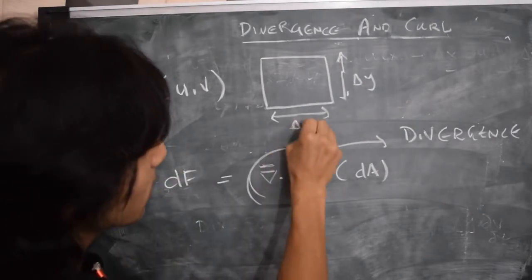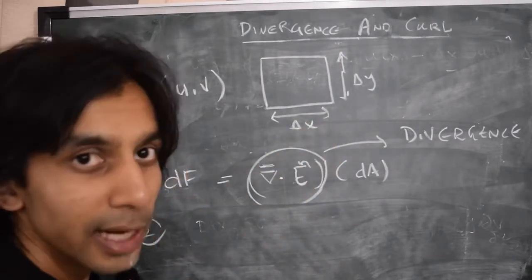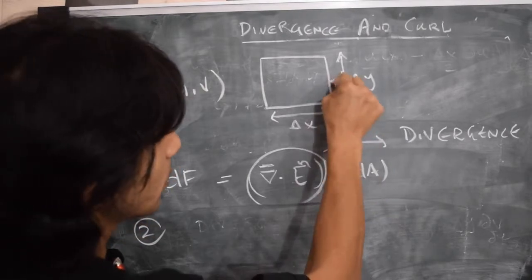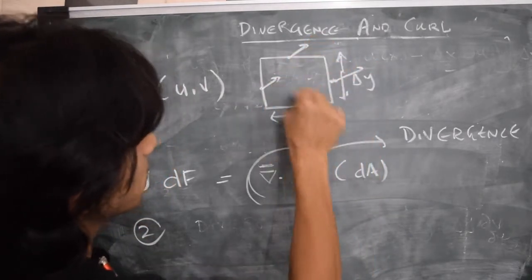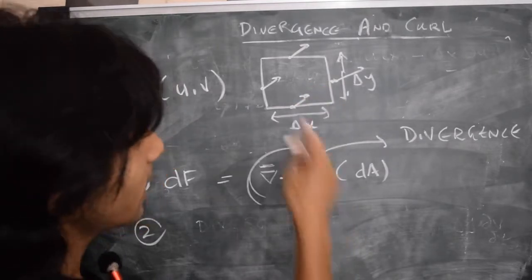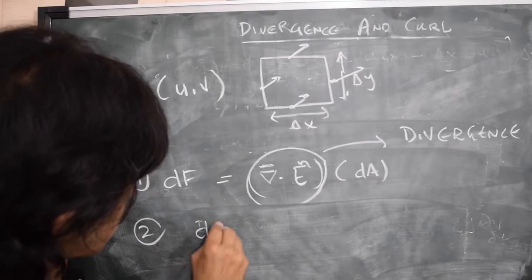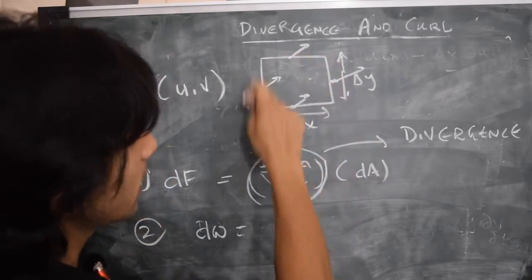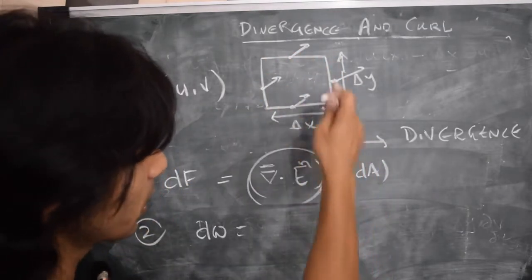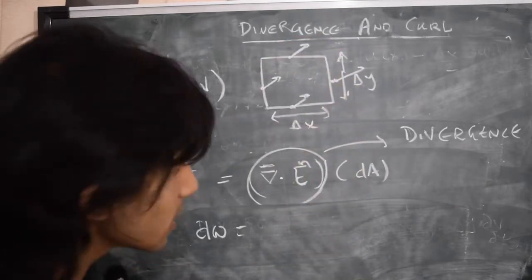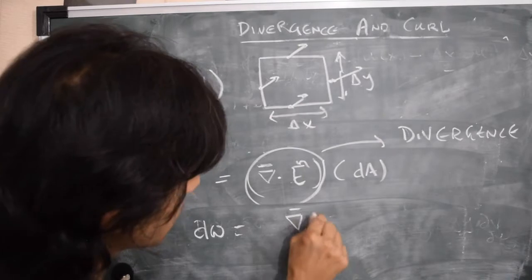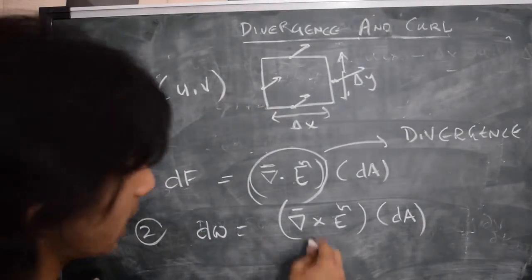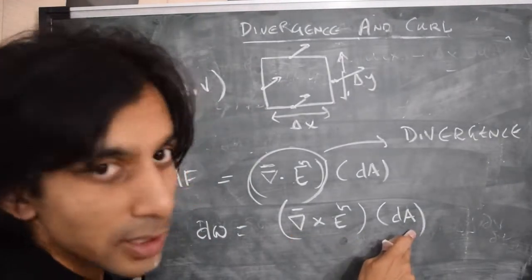Now, if we carry out exactly the same calculation as we did for the flux, with the vector field depicted in this manner with components u and v, and calculate the infinitesimal work done along this loop, where instead of taking the normal component we take the component tangential to the segment and sum up the work done across all four segments, we'll find an expression that looks like the curl of a vector field times the infinitesimal area.